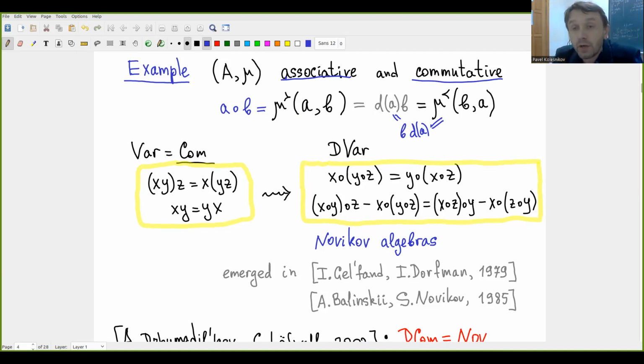So the algebraic structure on a derived algebra can be completely described by a single operation, say this one. And it is easy to check that this new operation satisfies two identities. I have chosen the left one. So what I obtain is left commutativity and right symmetry.